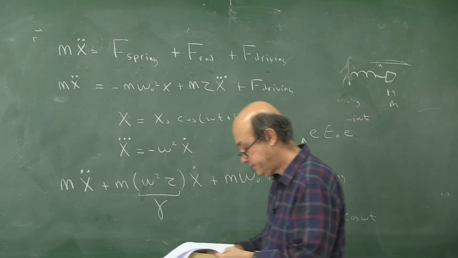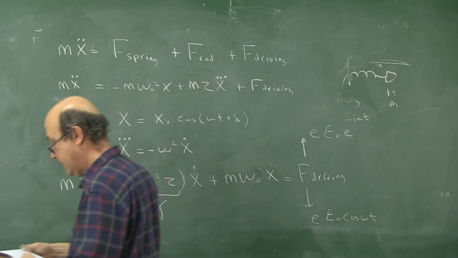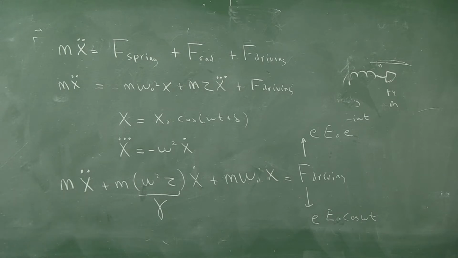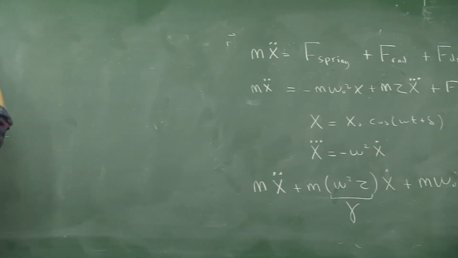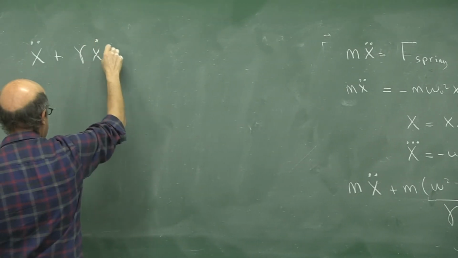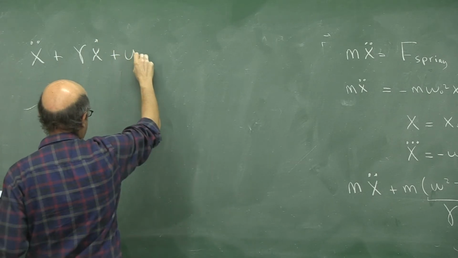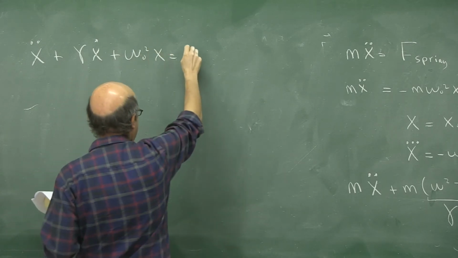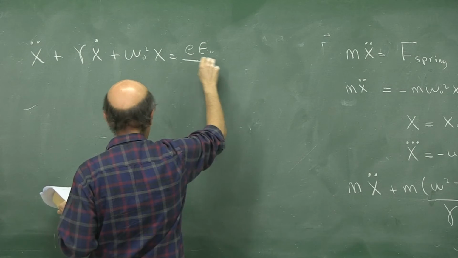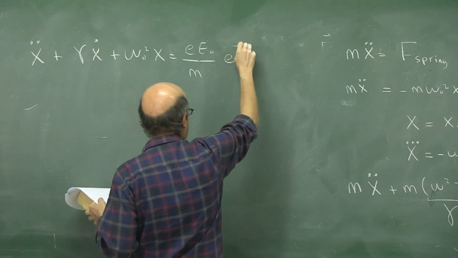And divide everything by the mass, then you will obtain x double dot plus gamma x dot plus omega 0 square x equals qE0 over m times e to the minus i omega t.